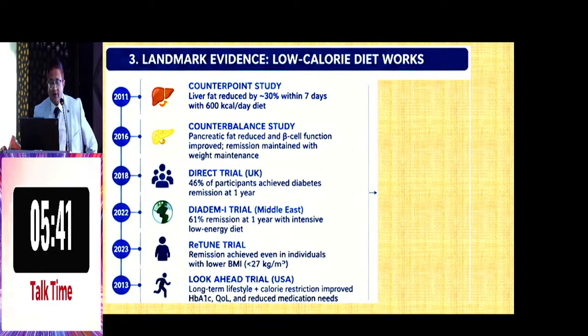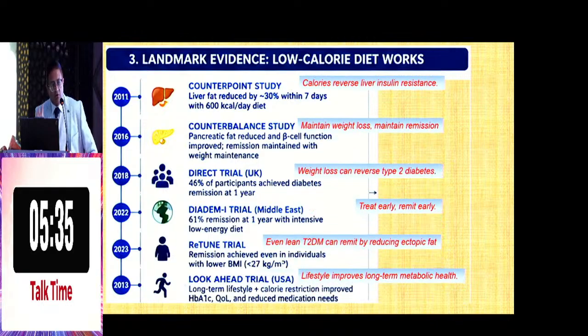The COUNTERPOINT study, COUNTERBALANCE study, DiRECT trial, all these trials show the benefit of the low calorie diet. For example, the COUNTERPOINT study says calorie restriction reverses liver insulin resistance. Low carbohydrate didn't reduce the insulin resistance. It will maintain the weight loss and maintain the remission.